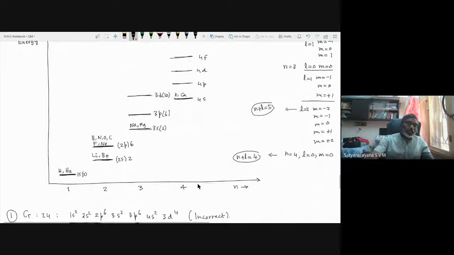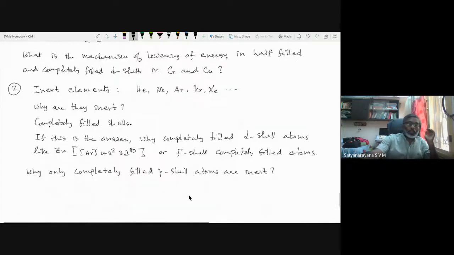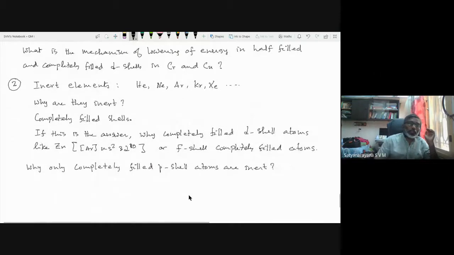Right now, if I have to tell you the value of this 1s level energy, then I require to know what the actual potential is. Obtaining this central potential is usually done by using what is called a self-consistent computational method.